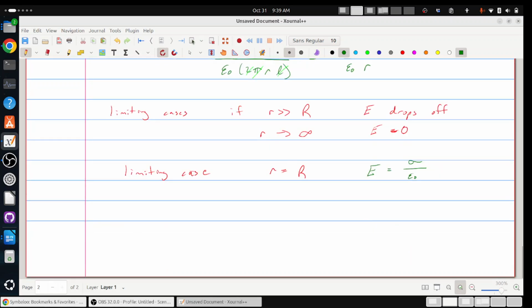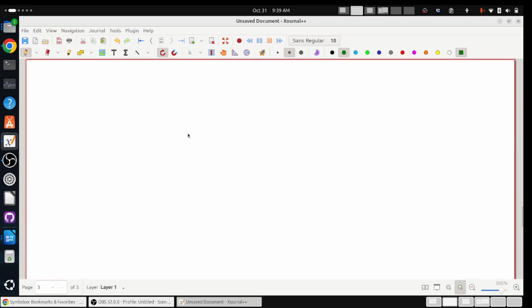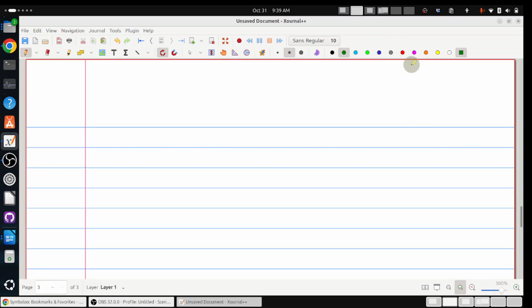Now, as a slight extension to this, if instead of it being a thin shell, it's a thicker cylindrical shell, then we have to specify several different radii.